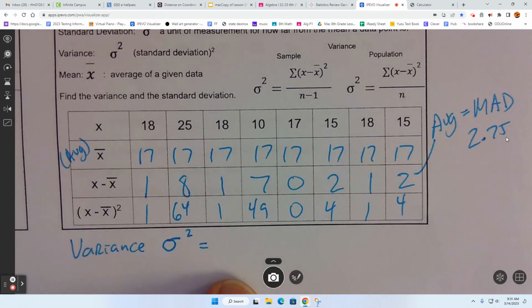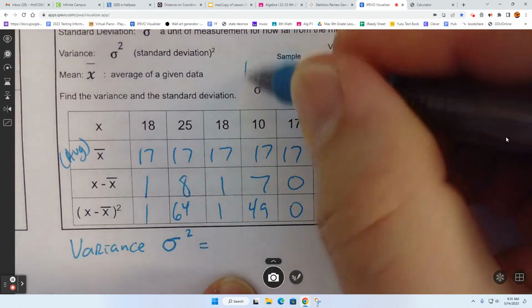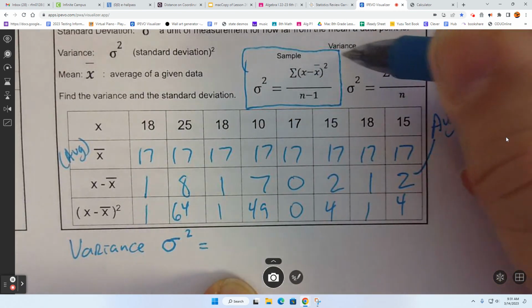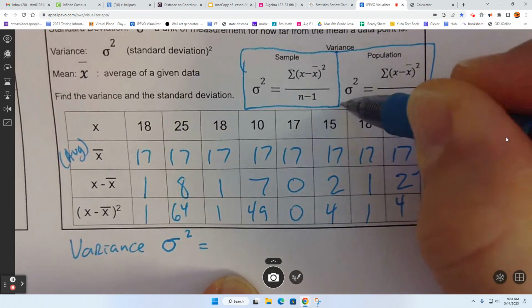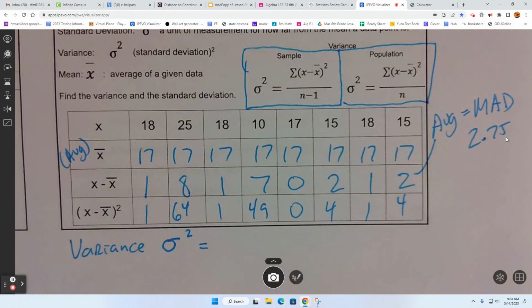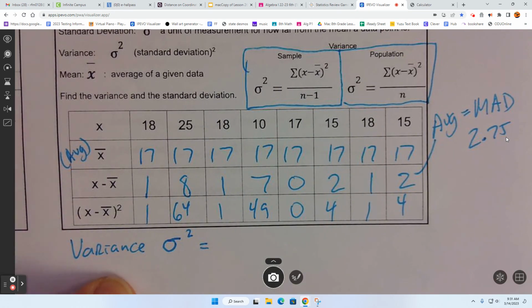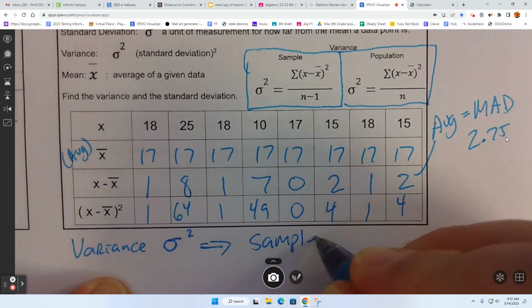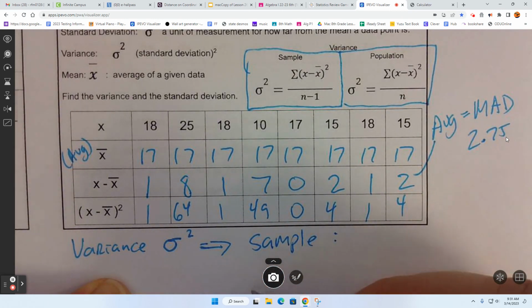Now here's the weird thing about this. We have two different types of variances. We have a sample type and we have a population type. What's the only difference between those two equations? The denominator. Okay. So we have a sample type and then we have a population type.